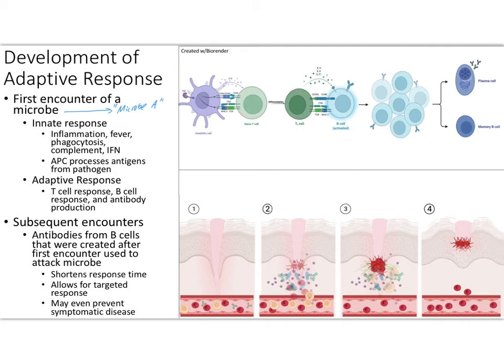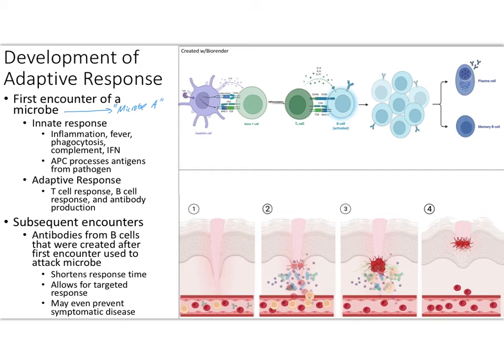And from there, all of those copies are going to be able to differentiate into one of two types of cells. The first type of cell that can be made after that is called the plasma cell. The plasma cell is going to be a specialized cell that releases a bunch of antibodies to that specific antigen.